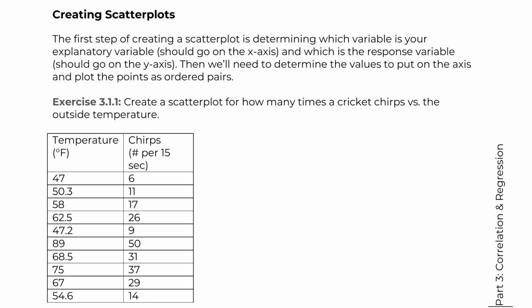So the first thing you have to decide, and this is true whether using technology or doing this by hand, is which should be on our x-axis and which should be on our y-axis. Which of these seems like our explanatory variable, and which seems like our response variable? Which seems like our independent versus our dependent variable? Remember all those different definitions we had in part 1? So we kind of want to think of it this way. What influences the other one?